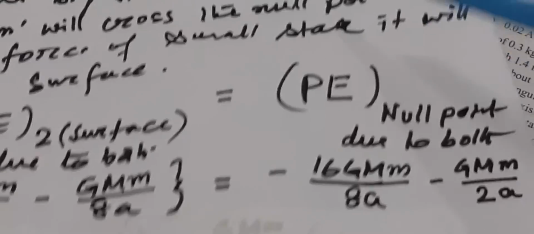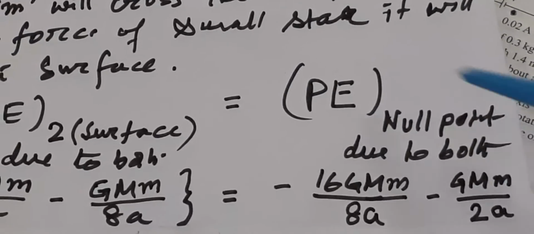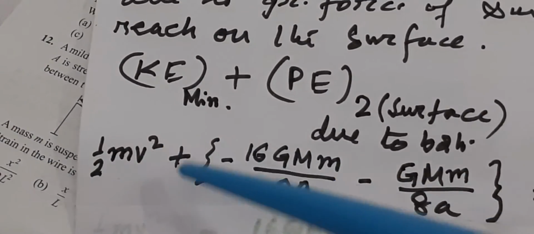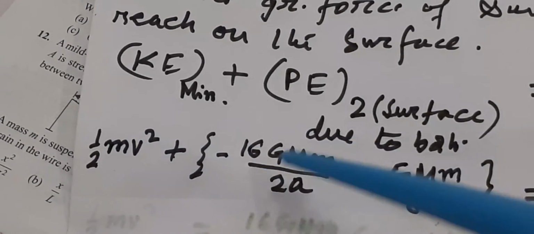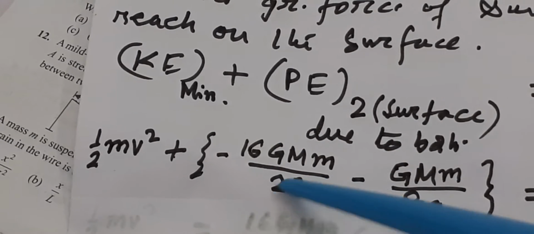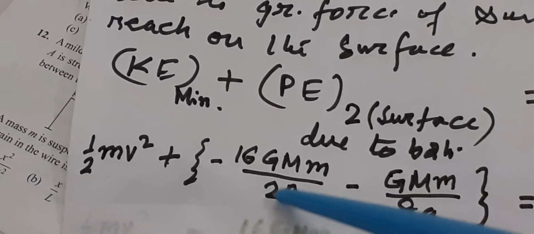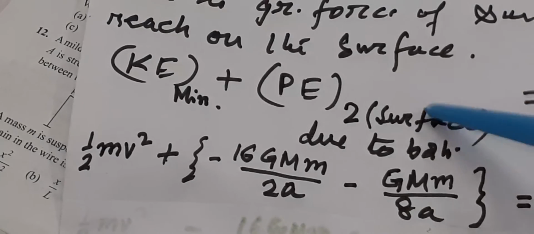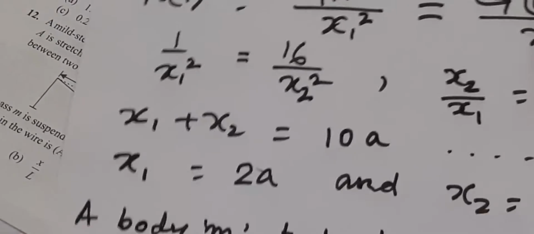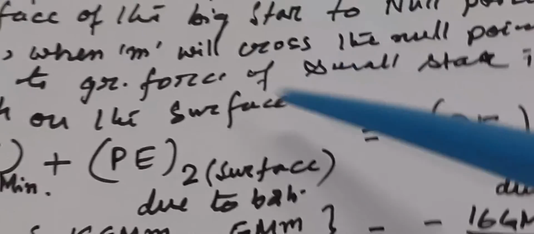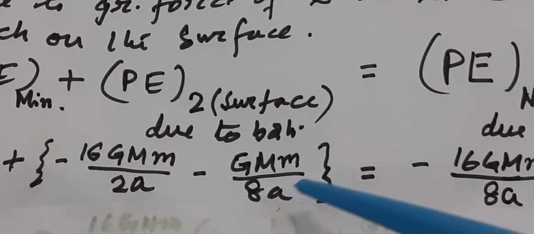Half m v square is the kinetic energy. On the big star, the potential energy on the surface will be minus GMm by the radius 2a, and due to the small star, whose distance is 8a, minus GMm by 8a.